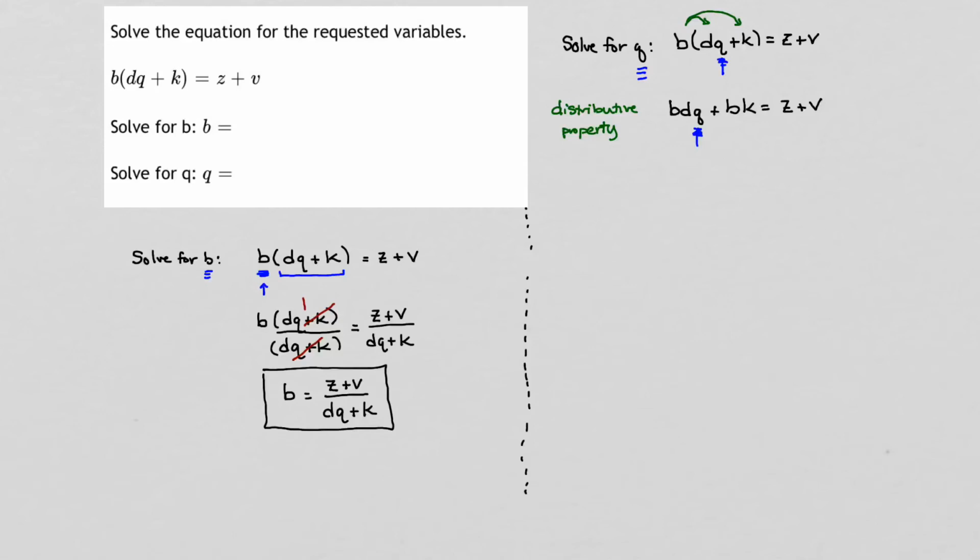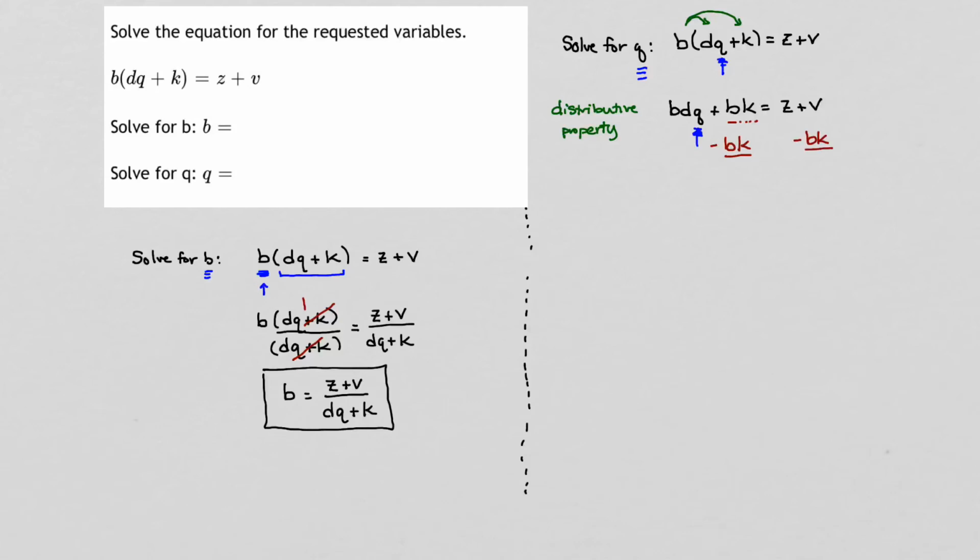So if I want to get q by itself, that means I need to move everything away from it. And when we solve equations, remember, we always save dividing for last when we have multiple steps involved. So our first step is to get rid of this bk right here. We are going to use the addition-subtraction property and subtract bk from both sides.